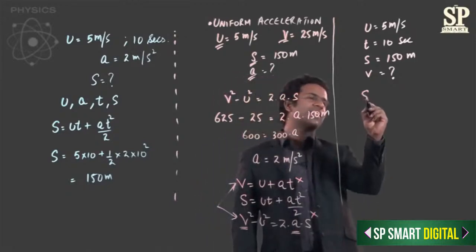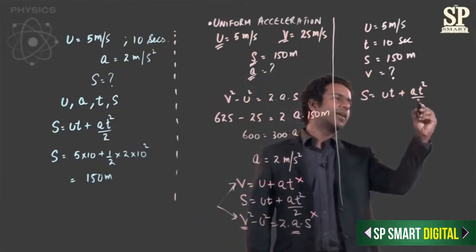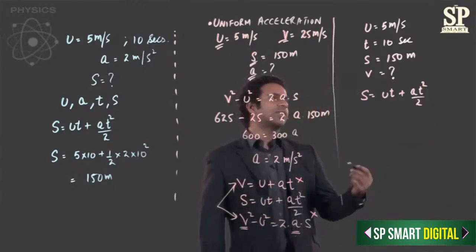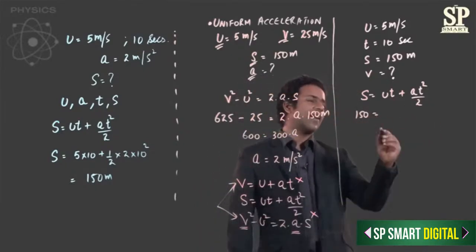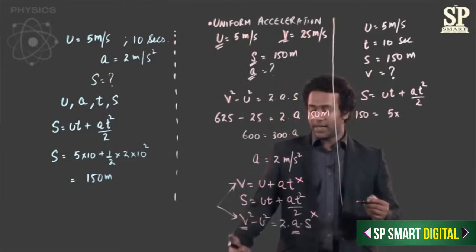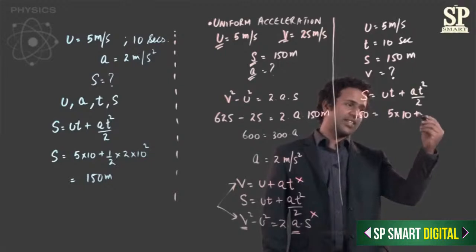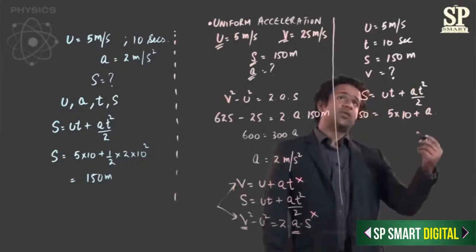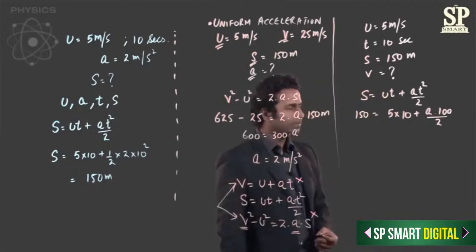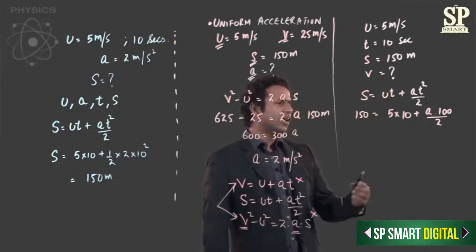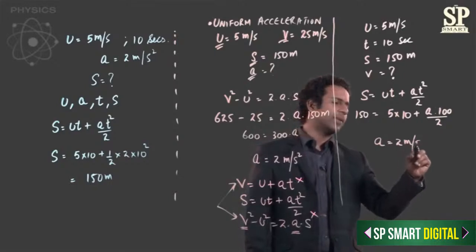So in the second equation, which is s is equal to ut plus at squared by 2, let's substitute the values. s is given to be 150, u is 5, t is 10 seconds, plus acceleration is yet to be found. t squared is again 10 squared, so this becomes 100 by 2. So if you simplify this, you can clearly see that a turns out to be 2 meter per second squared.